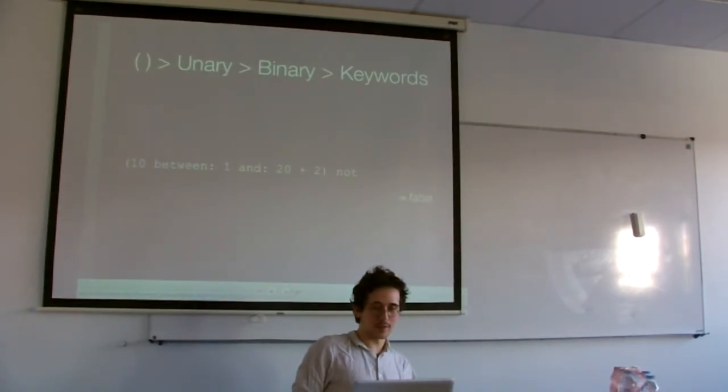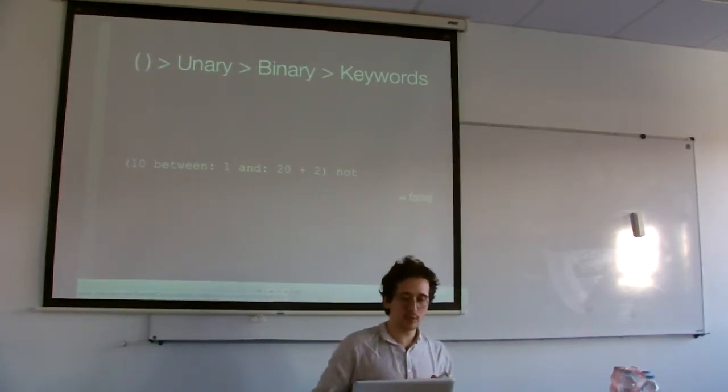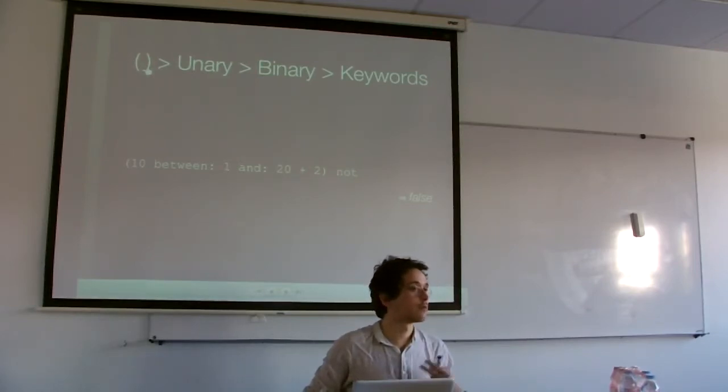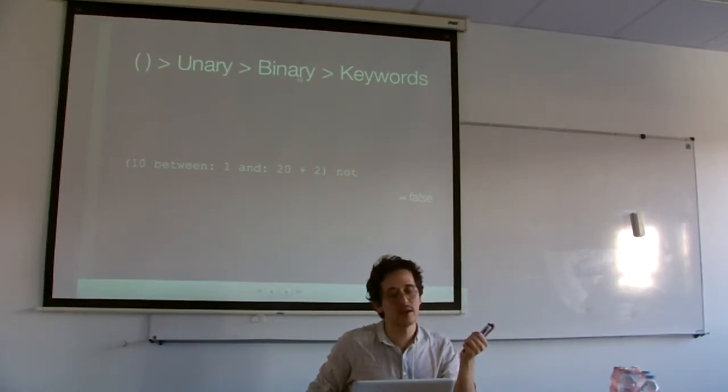Okay, so now we've been talking about keyword messages, so there is an order of evaluation, and it's this one. First you evaluate what is inside parentheses, of course. Then unary messages have higher precedence than binary messages, and binary messages have higher precedence than keyword messages.